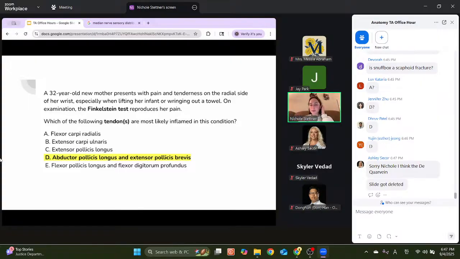So when they lift up their babies, these two tendons, abductor pollicis longus and extensor pollicis brevis, get affected. Please remember which one's the longus and which one's the brevis because they'll probably try to trick you. Please don't let them trick you. I don't have any fun way to remember that.